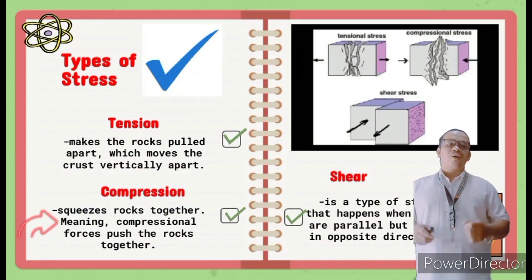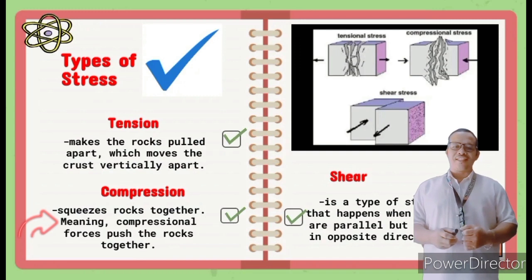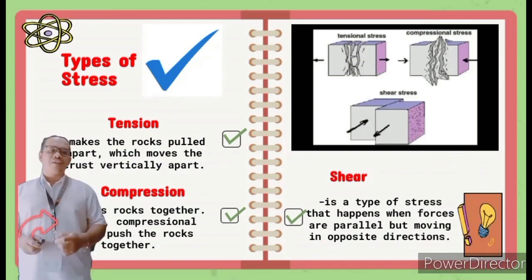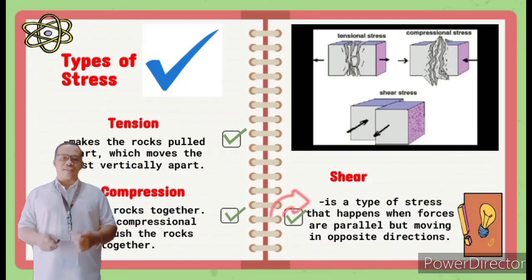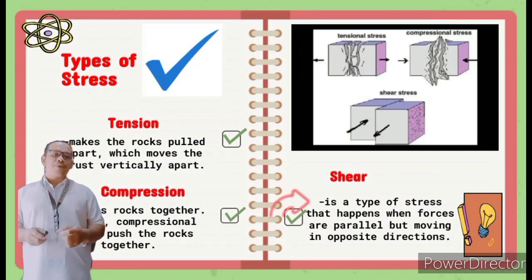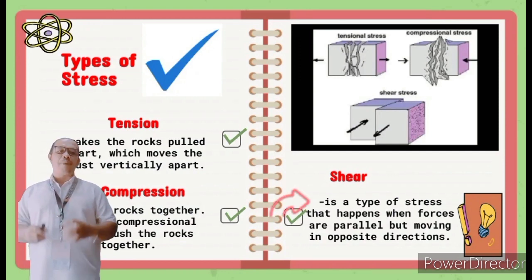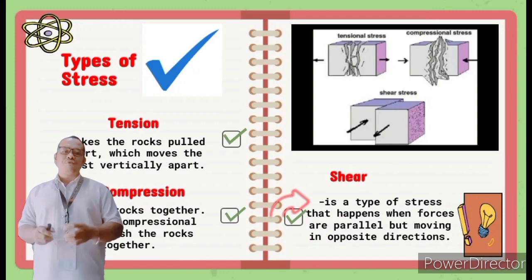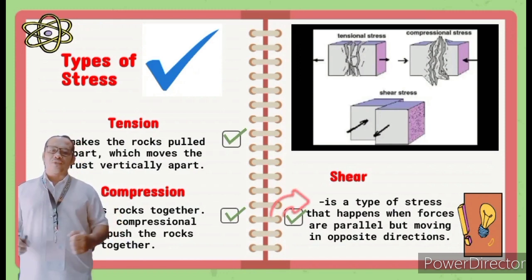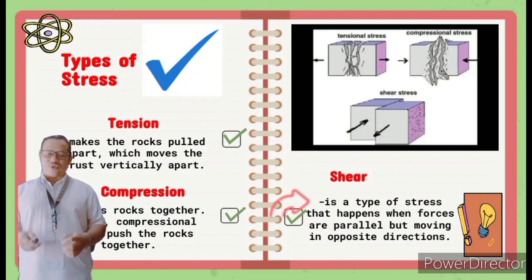That is compressional stress. And number 3, shear stress is a type of stress that happens when forces are parallel but moving in opposite directions. Remember, opposite directions. Okay?